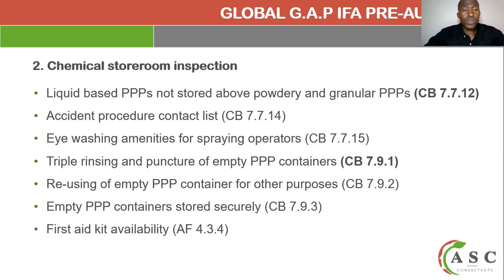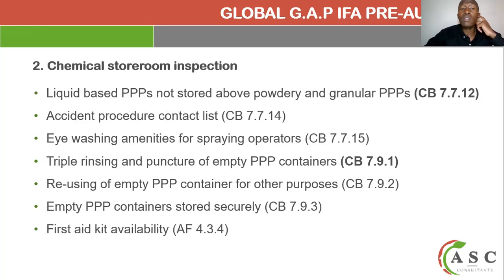Then the next point to look at could be your amenities for eye washing purposes for spraying operators. So these could either be a basin, which should not be more than 10 meters away from the chemical storeroom, or perhaps a shower. Basin or a shower.